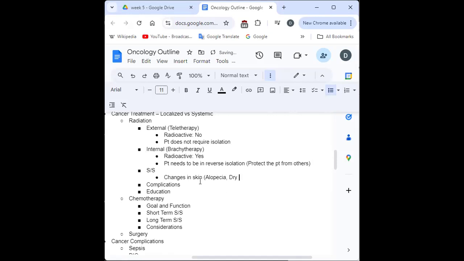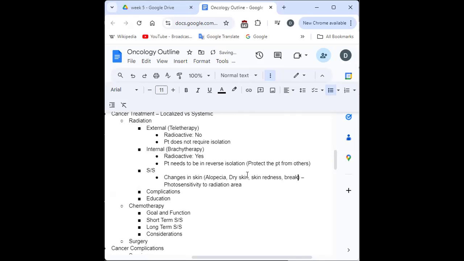Immunosuppression, dry skin, photosensitivity in particular, sensitivity to the radiation area, skin redness, breakdown, altered taste. Immunosuppression, yeah. So that's why we're doing reverse isolation. Fatigue's another really good one.